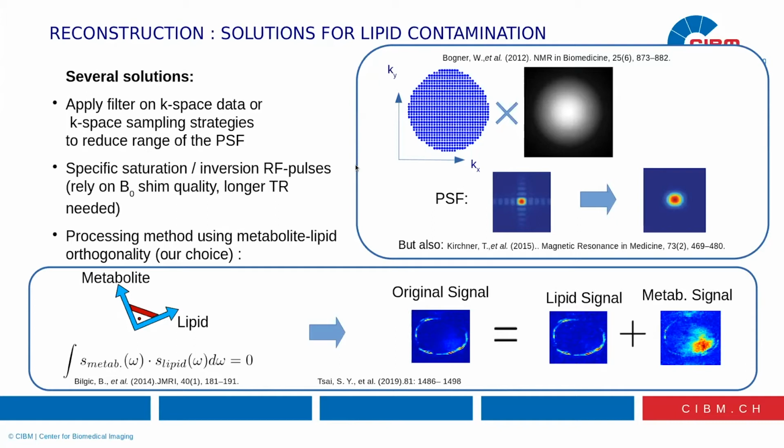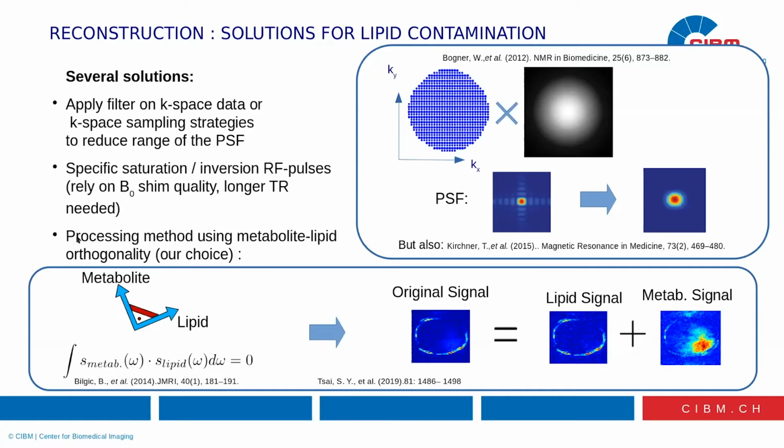And also the quality or the efficiency of these pulses relies on good shimming quality. And it is generally difficult to reach good shimming quality over a whole brain. So some solutions can definitely exist, but this is not the easy way.